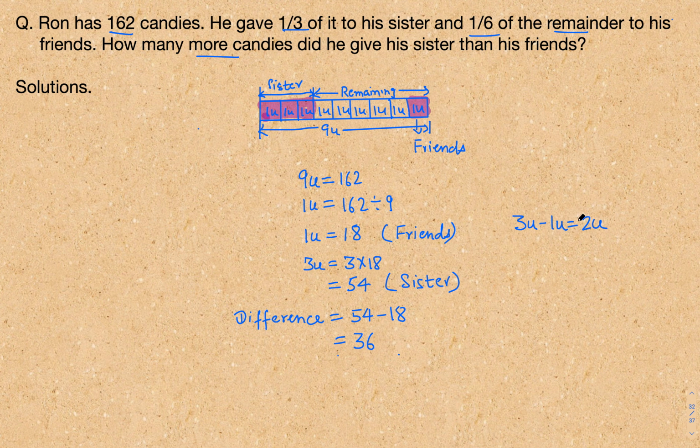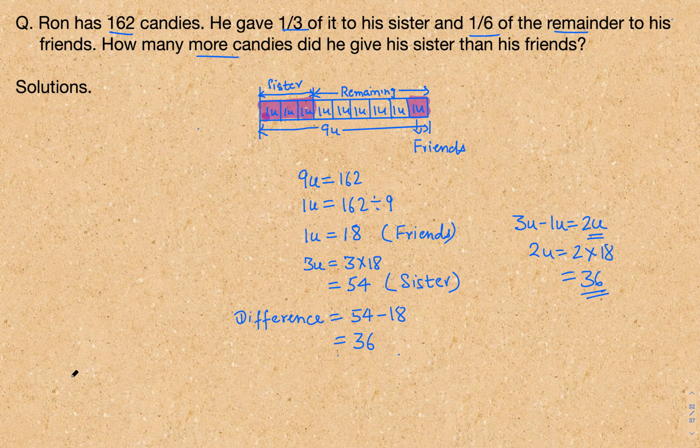So the difference in terms of units is 2 units. You could have directly calculated how much more his sister is having than his friend by calculating 2 units. See, 1 unit is 18, so 2 units will obviously be 2 times 18. That could have also given you 36. So there are 2 ways. It's up to you which one you want to use. You will get the same answer.